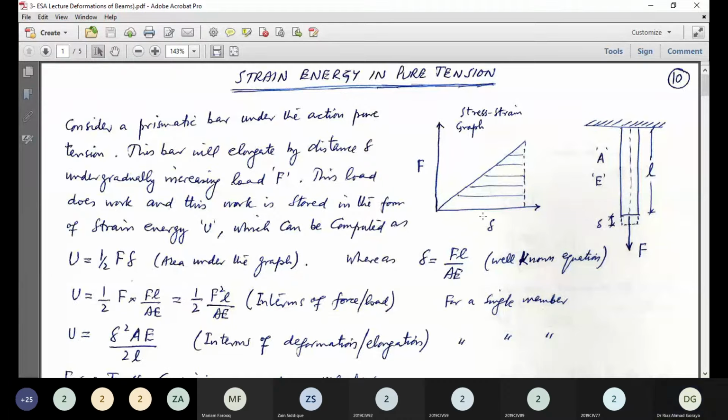Now, you know from your earlier knowledge a very well-known equation, that is delta is equal to FL over AE. You must have studied this equation before, surely. AE is known as axial rigidity or axial stiffness.